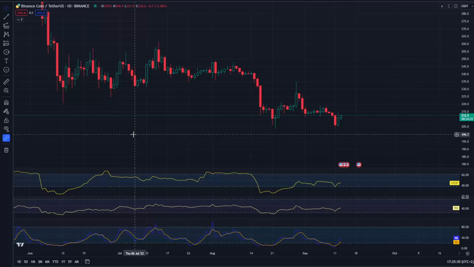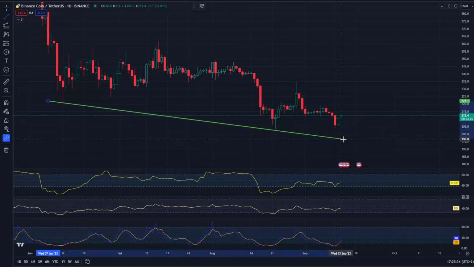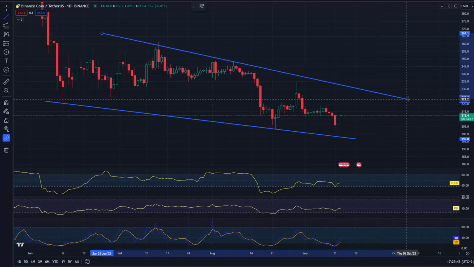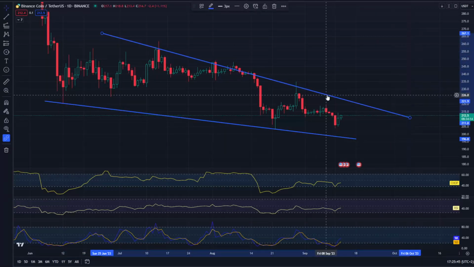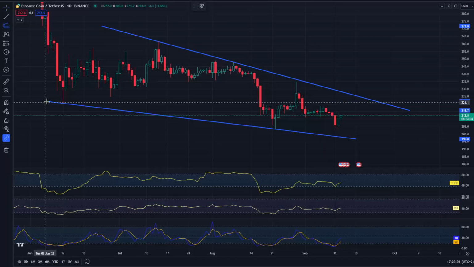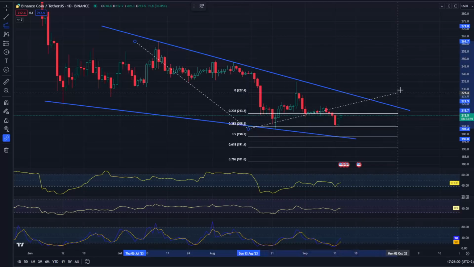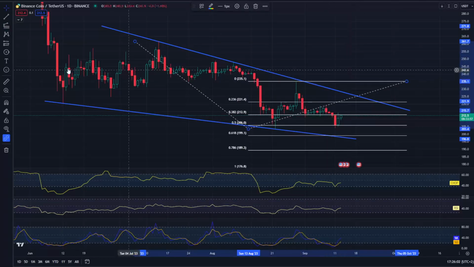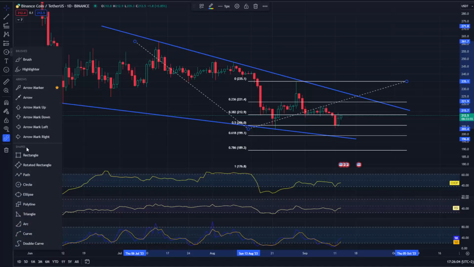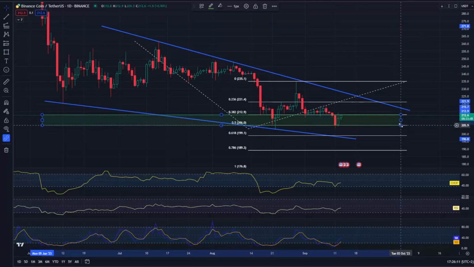Third, we will check the BNB chart taking into account the one-day time frame. As we can see, the price is still in the downtrend channel marked with blue lines. When we unfold the trend-based fib extension grid, we see that the price remains in a strong support zone from $212 to $205.